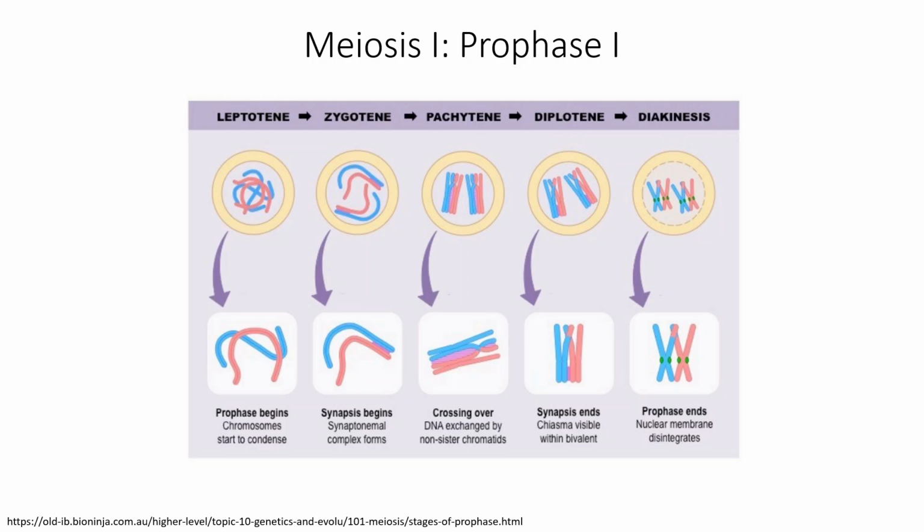Slowly, through prophase, while all of these steps are taking place, the nuclear envelope begins to break down. So by diakinesis, the nuclear membrane disintegrates and prophase ends with the crossing over having taken place successfully, and then the cell will move on to metaphase. I hope that is more or less clear to everyone.